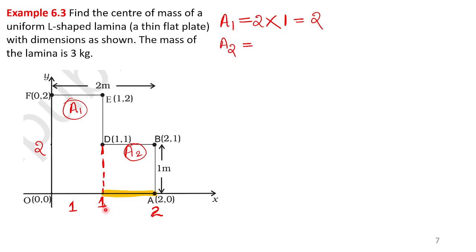What is the distance between 1 and 2? The distance between 1 and 2 is 1. If you don't understand, all the dimensions are available in the diagram. So 1 and 2 are the corner vertices. The distance is 1. Is that okay?